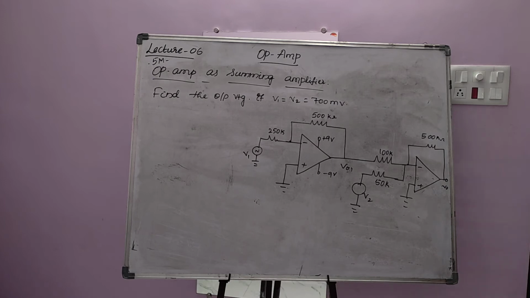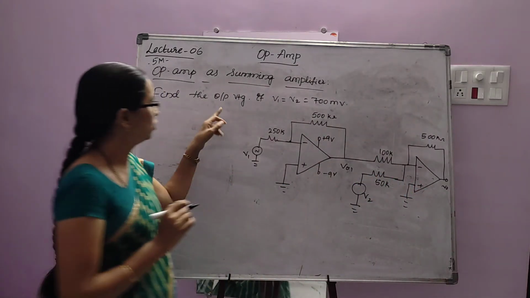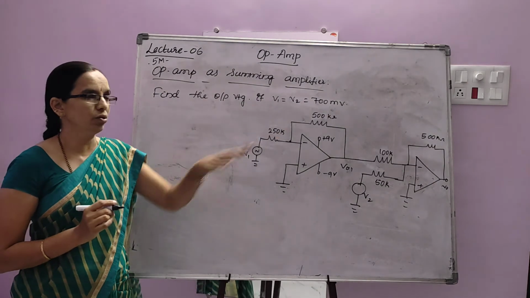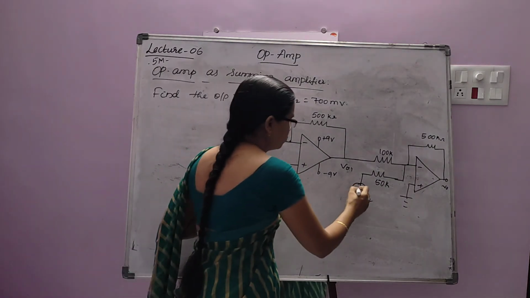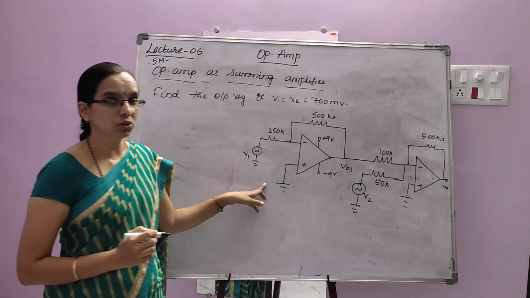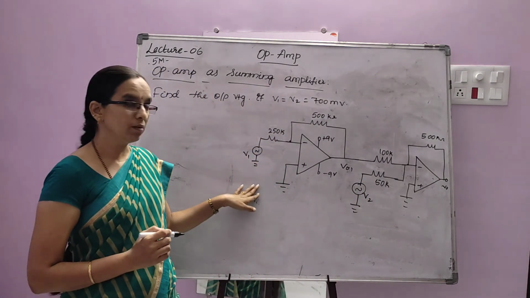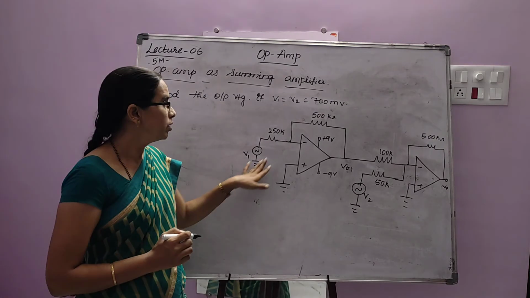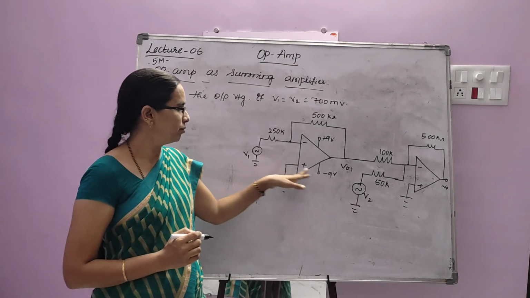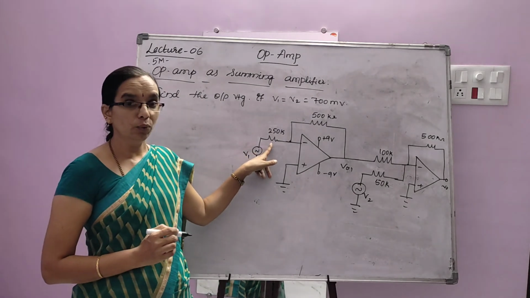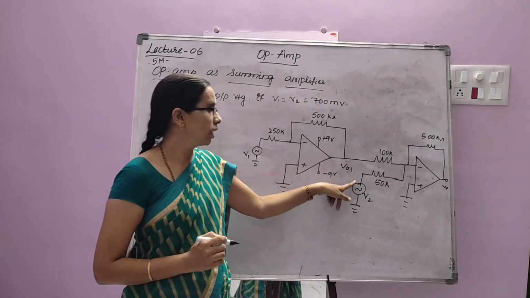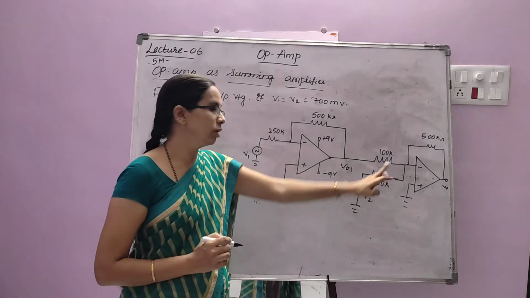Take the next problem. Find the output voltage if V1 is equal to V2 is equal to 700 millivolt. That means this is V1, this is V2. Here two circuits are there. Two op-amps we have used for this circuit. The first one is an inverting amplifier because the input is applied to the inverting terminal and only one input. The second one, we have applied two inputs to the inverting terminal.